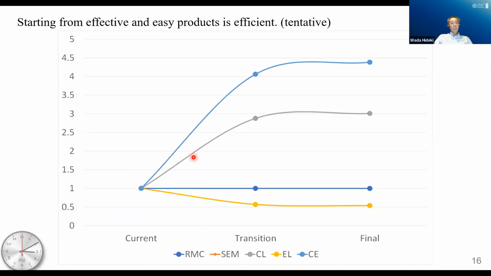And also, we can divide those targeted products into two parts: products to be challenged in the first term, and in the second term. Then the circularity change can be drawn like this in a milestone.